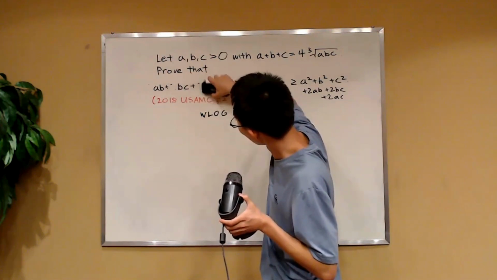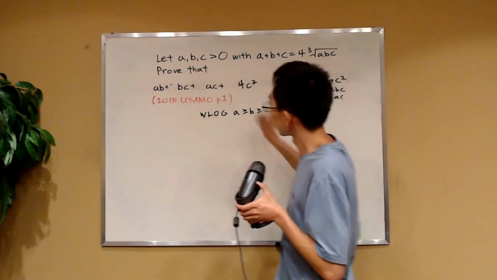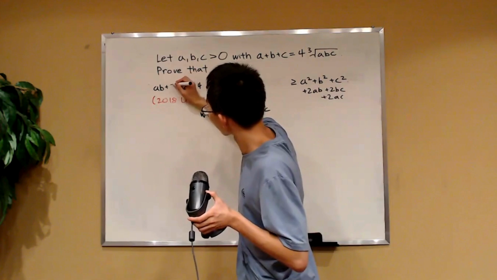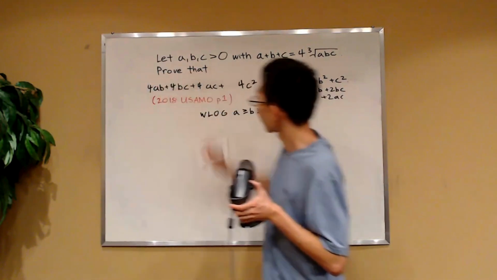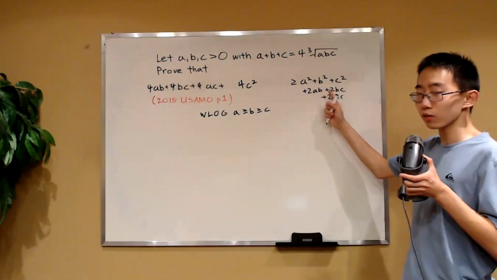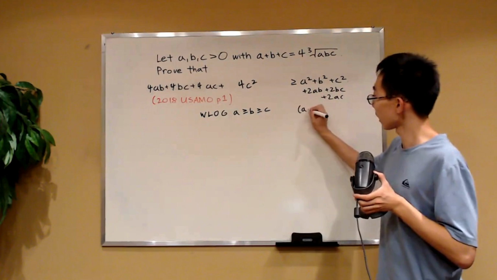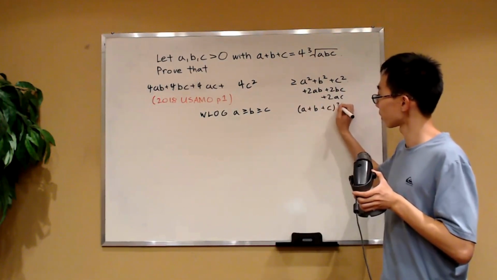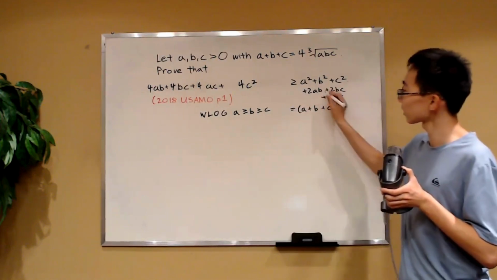Because we're adding it on both sides. So this becomes 4, this becomes 4, and this becomes 4. Now, when we add it to this side, this part becomes (a plus b plus c) squared, right?